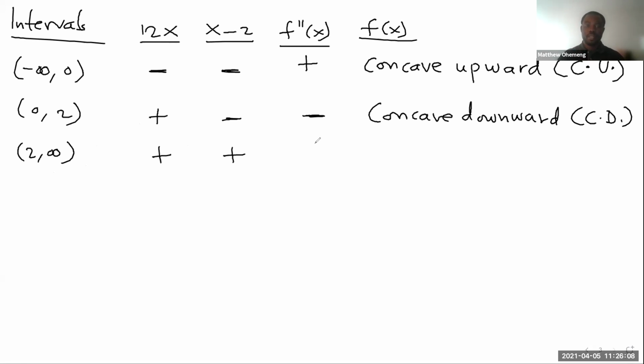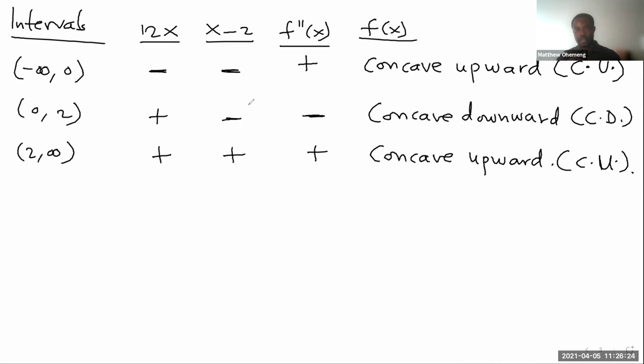A positive times a positive is a positive. Hence, the function is concave upward on this interval, or CU, sorry. And so we've been able to identify the concavity regions.